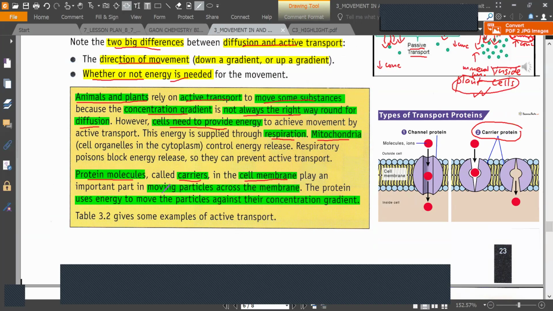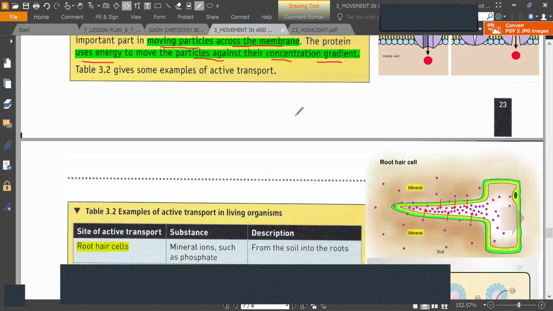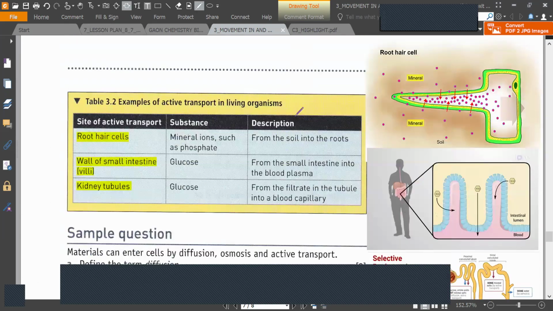It moves particles across the membrane and uses energy to move the particles against their concentration gradient. So even if the outside concentration is low, it is still able to bring in the particles that we want.